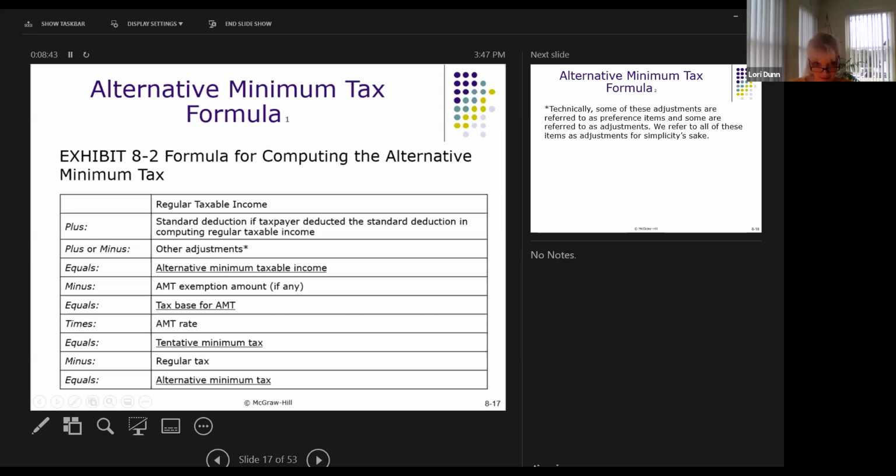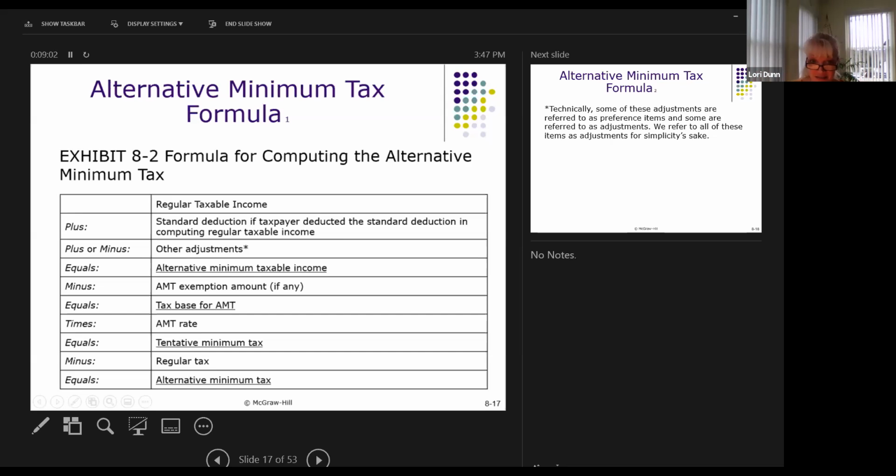Now, that gives us the tentative minimum tax. We compare that to our regular tax. If our regular tax is more than tentative minimum tax, we're done. We don't have to file that form 6251.